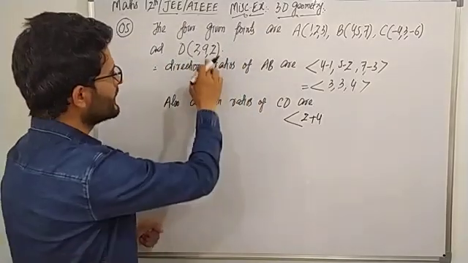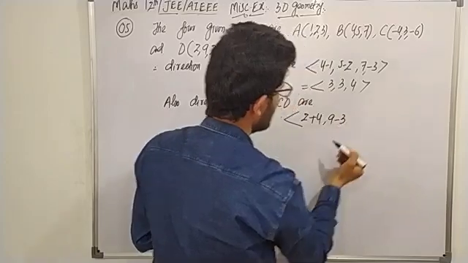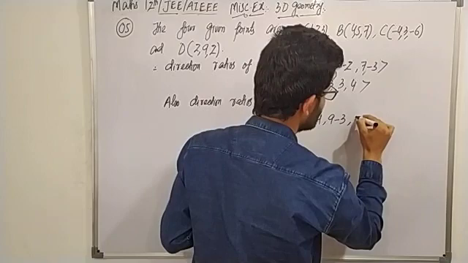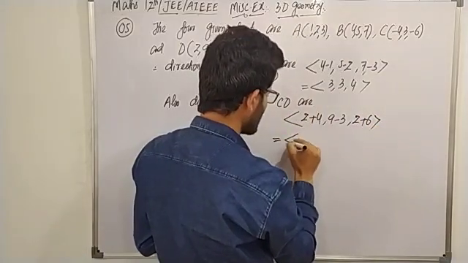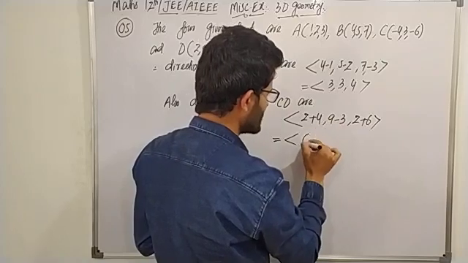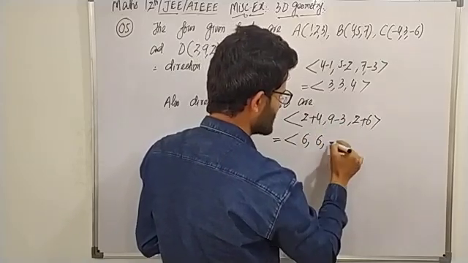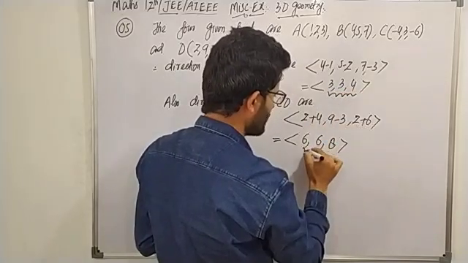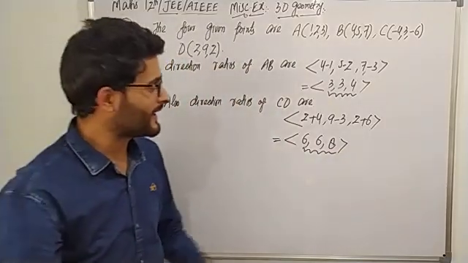Is that clear? 9 minus 3, and 2 minus 6, that is 2 plus 6. And that's equal to ordered 3 tuple of 2 plus 4, that is 6, 9 minus 3, that's again 6, and 2 plus 6, that is 8. So the direction ratios of AB are 3, 3, 4. The direction ratios of CD are 6, 6 and 8.